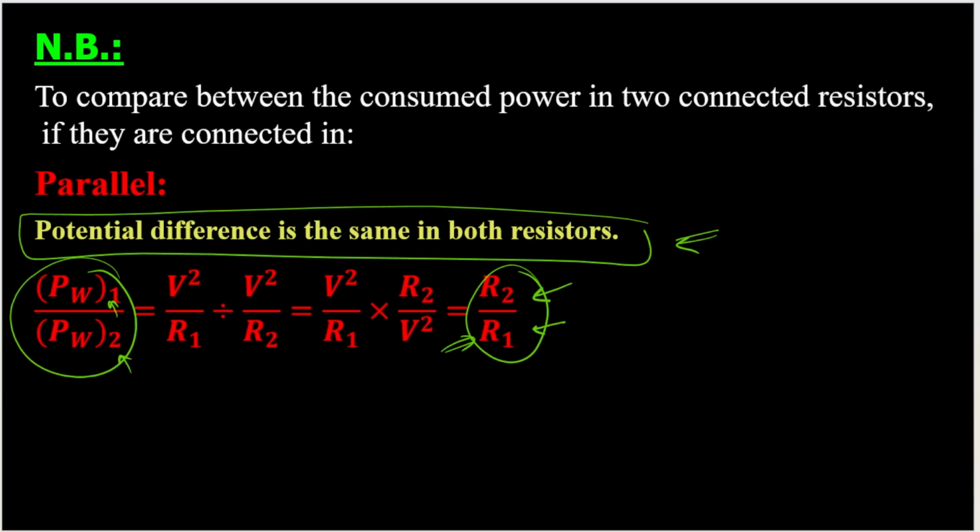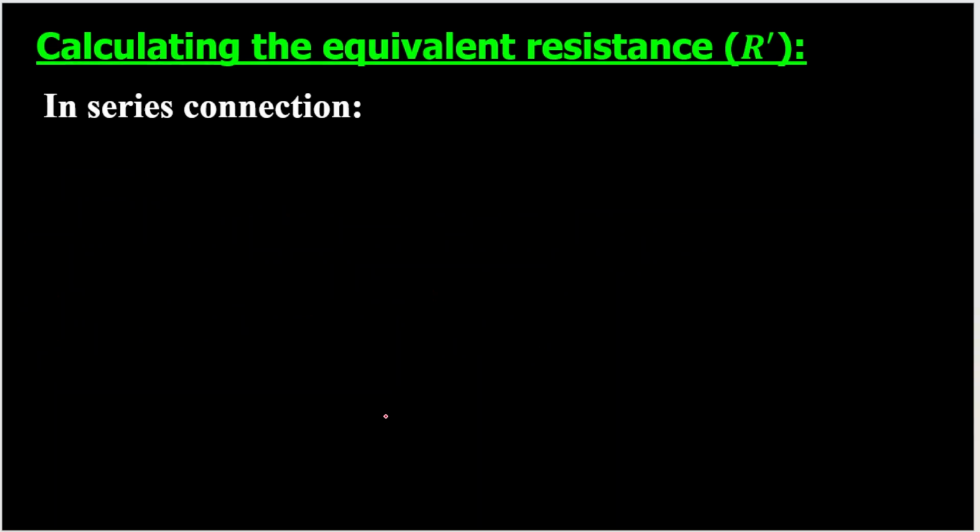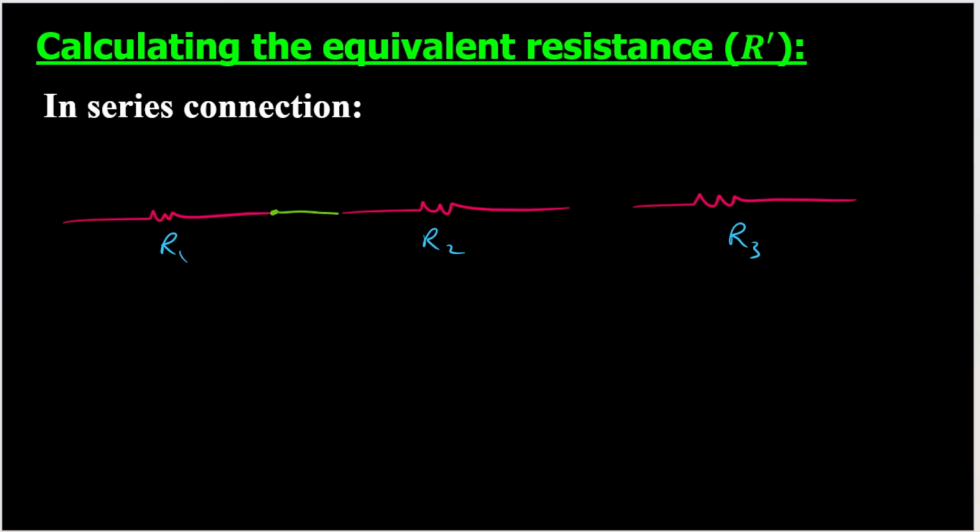How can we connect resistors in series? If we have three resistors, this is the first resistance, this is the second resistance, and this is the third resistance. This is R1, this is R2, this is R3. Series connection is very simple. You just take the end of the first resistor and connect it with the beginning of the second resistor.